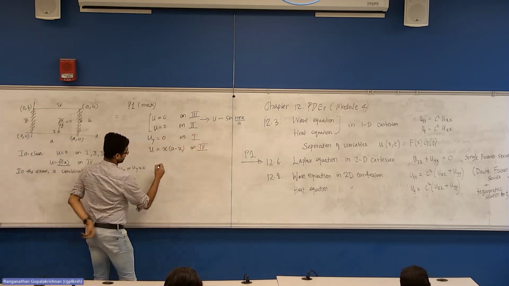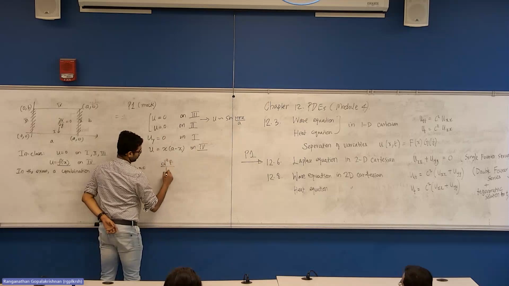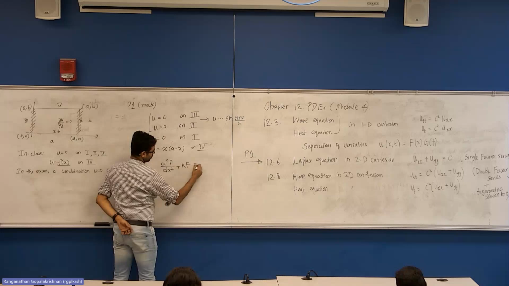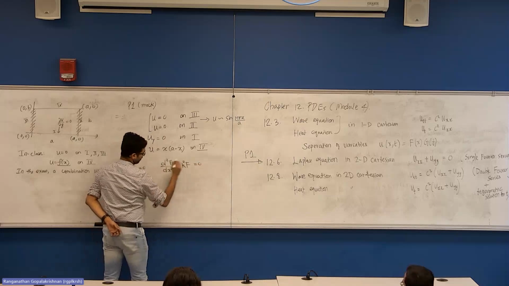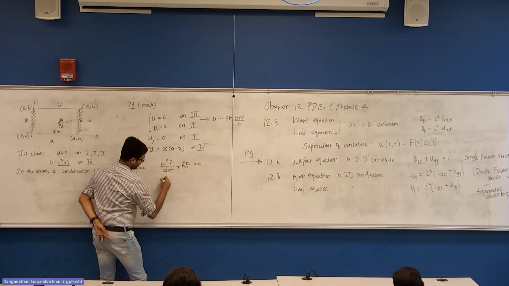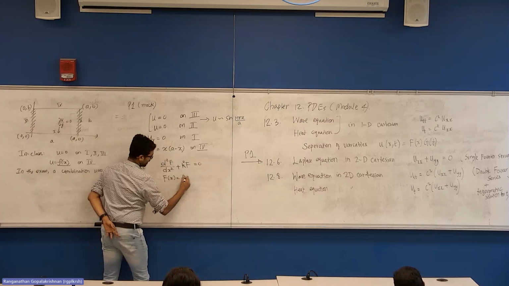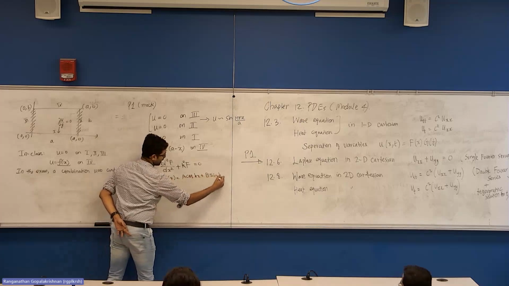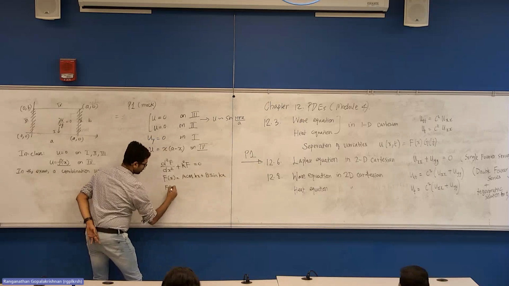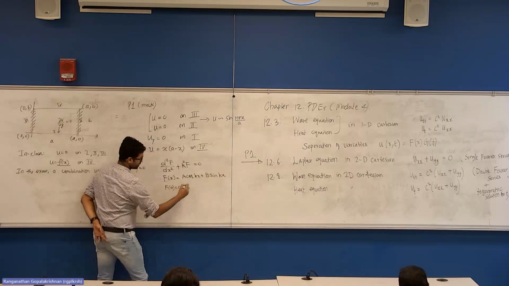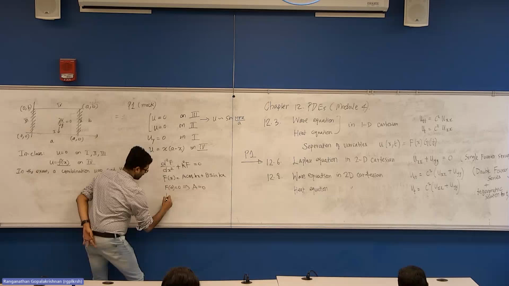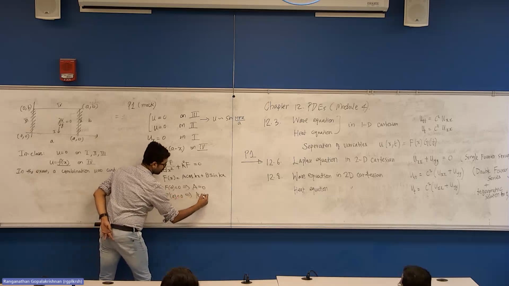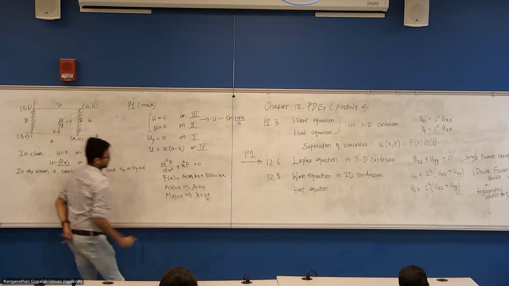That is, if you write d squared f over dx squared plus k squared f equal to 0, we have f of x equal to a cos kx plus b sin kx. F of 0 equal to 0 implies a is 0, and f dash of a equal to 0 implies k equal to n pi over a.